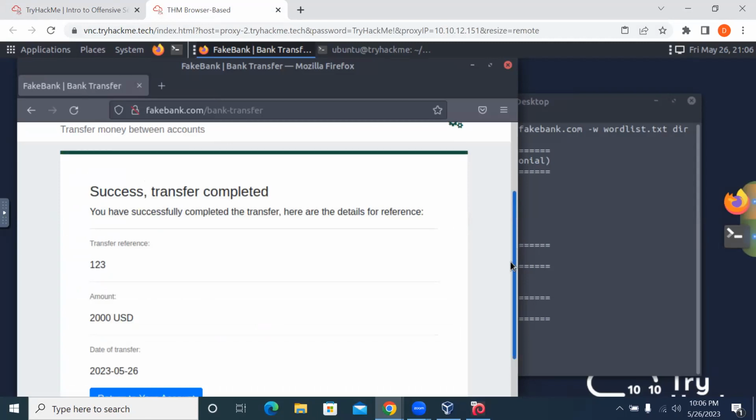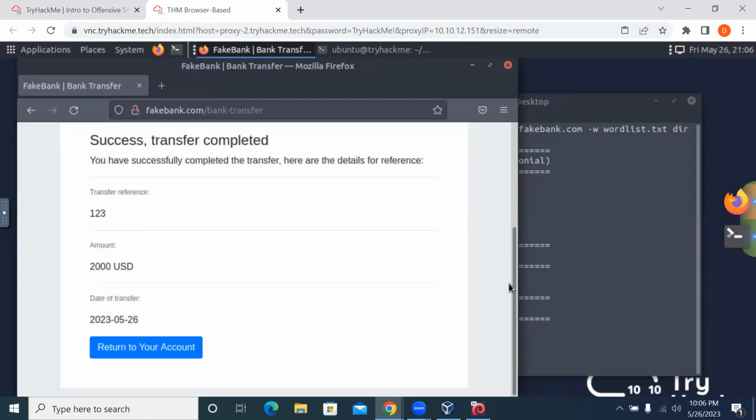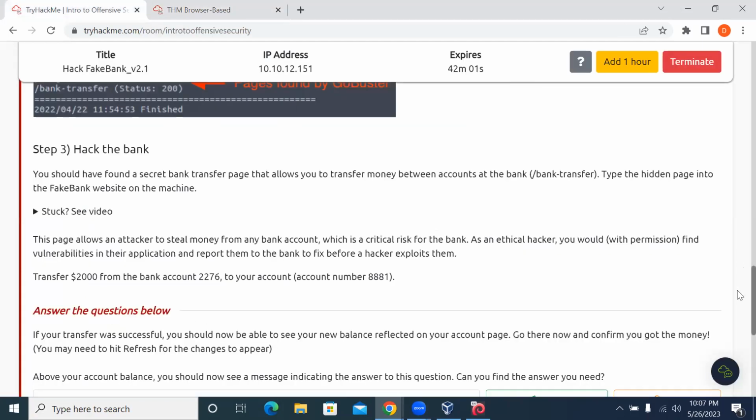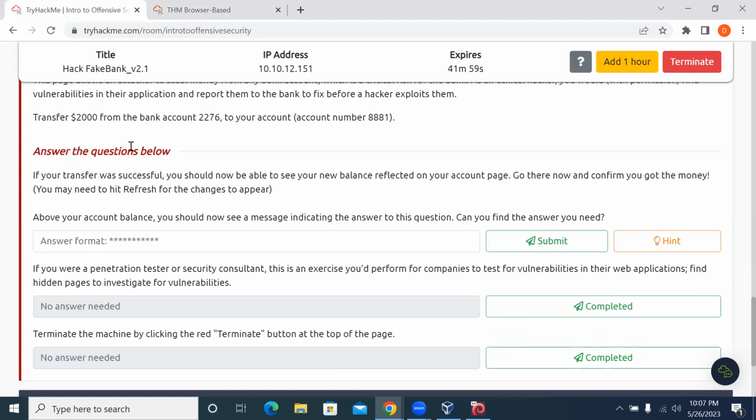So they are saying, okay, success, transfer completed. You have successfully completed the transfer. Here are the details for reference. So let's look at their instruction again. It says, answer the question below. If your transfer was successful, you should now be able to see your new balance reflected on your account page.